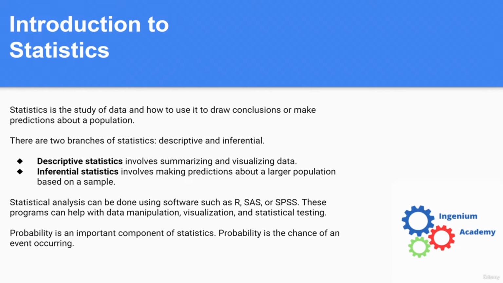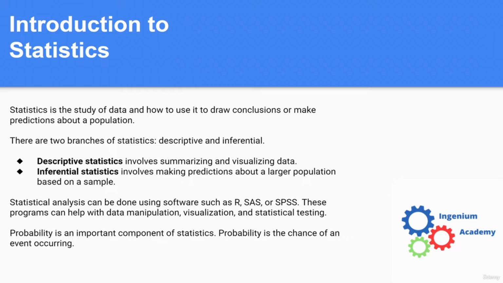So there's some common packages for doing statistics. R is probably the most famous one, I believe. And you can also use Python to help manipulate data, visualize it, and there's a lot of open source packages that you can use for statistical testing. This is a course on statistics, but probability is an important component of it.